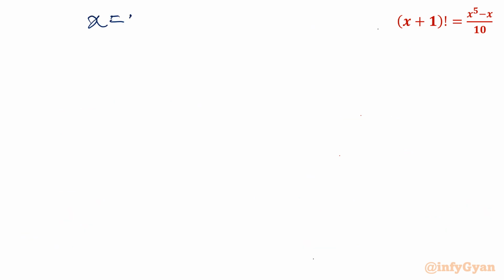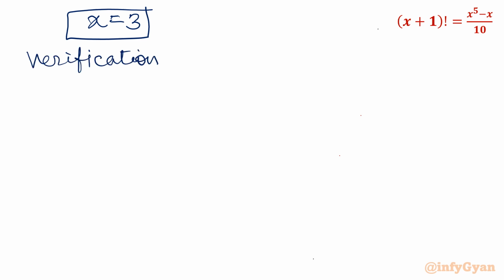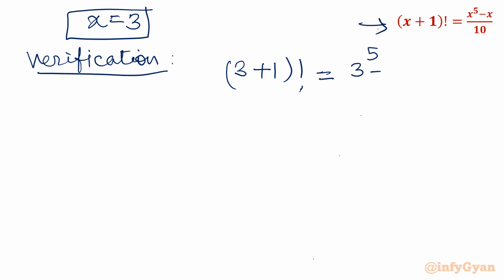x equal to 3. Let's verify. So 3 plus 1 factorial, put here x equal to 3, equal to 3 power 5 minus 3 over 10.